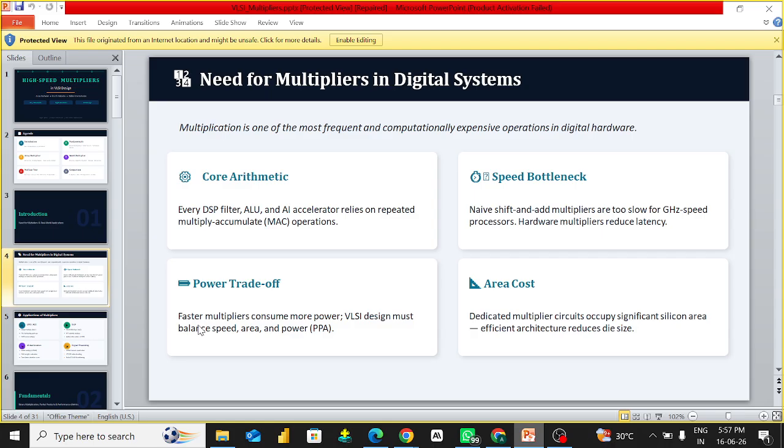Then only will you become a good VLSI engineer. Have you heard about PPA? PPA is power, performance, area. This should be in balance, then only can you achieve this power trade-off.